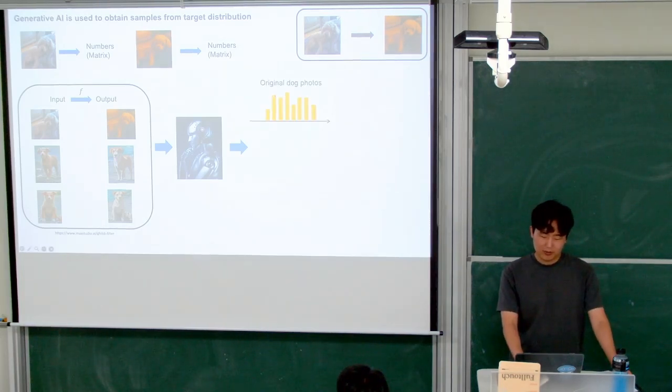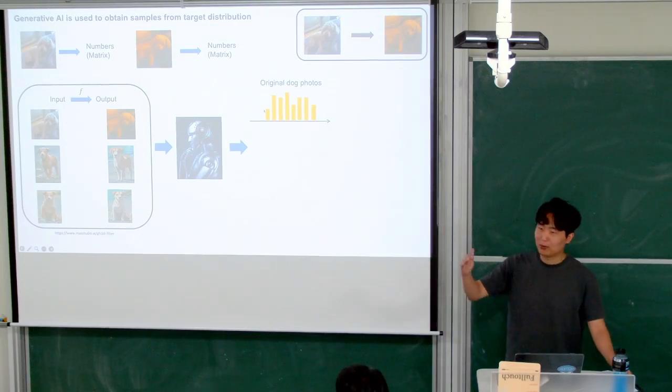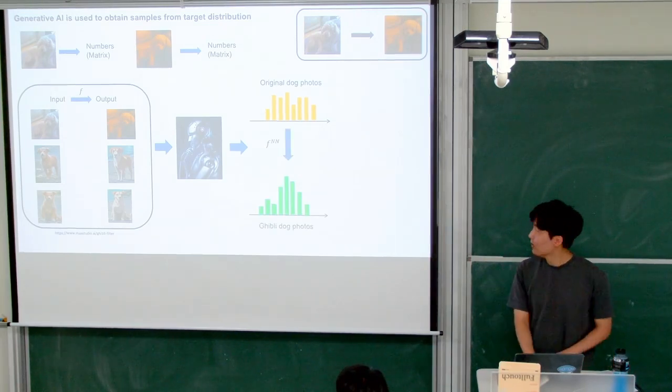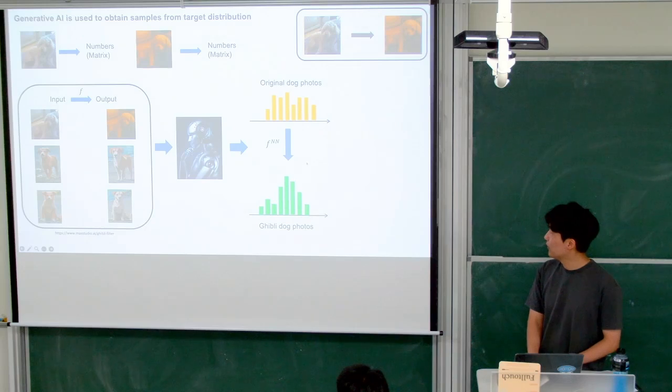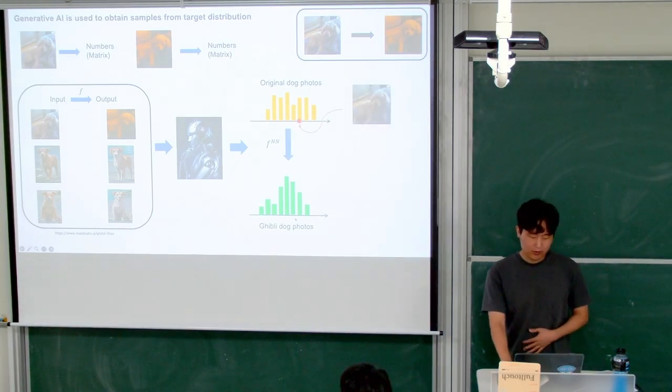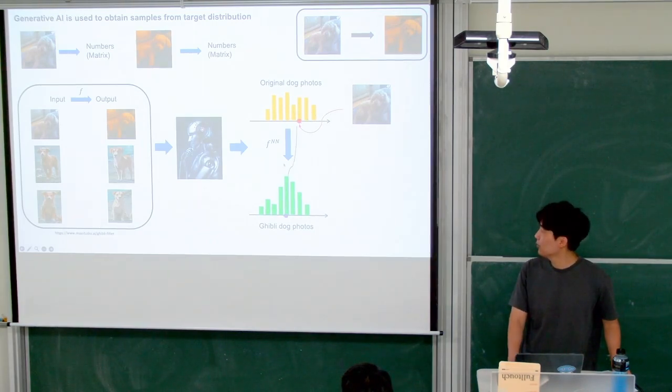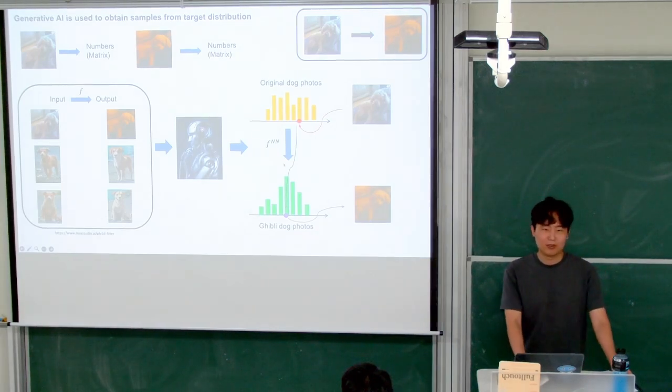There is a distribution or characteristics of the original photos of real dogs. So what we want to do is to learn the map from these original photos to the Ghibli style photos. Having known this, if we put in a new input, which is a sample from this distribution, then from this map we obtain the Ghibli style.